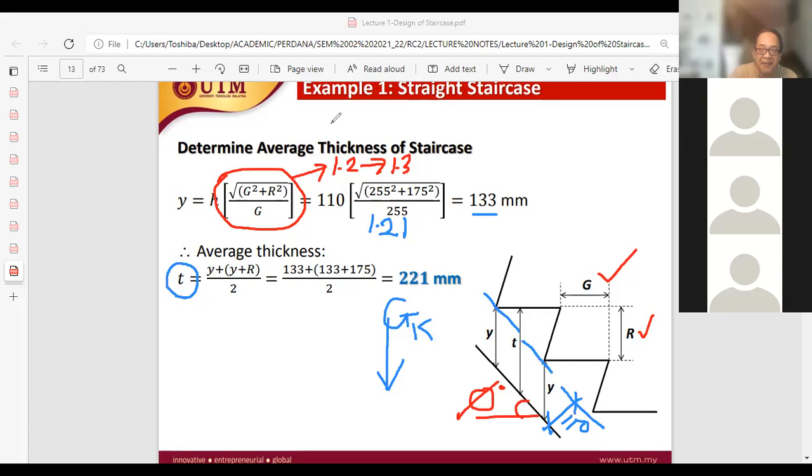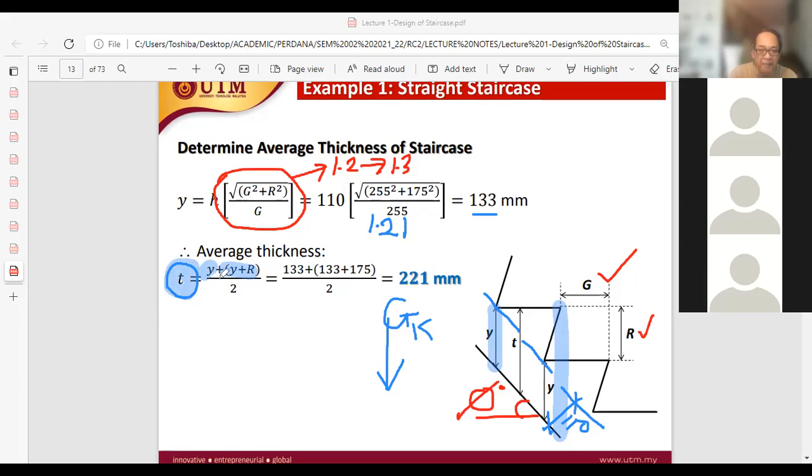Therefore, untuk tu nak dapat the average thickness of T. Okay. This average thickness of T, what we do is Y plus R campur Y. This value campur this value. This value is y. Yang ini total dia y plus r. Okay? Y sampai sini and then plus r di sini.